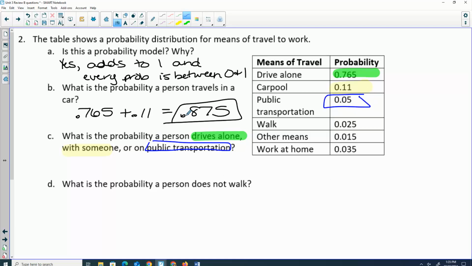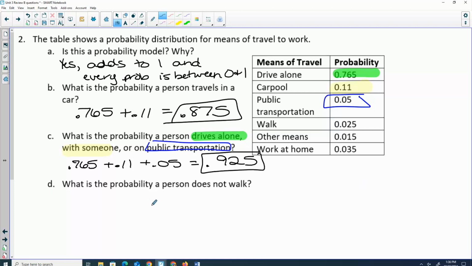So I'm just asking you to add those 3 numbers. We get 0.925.